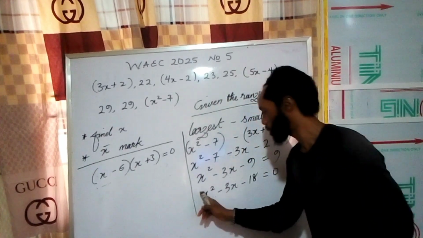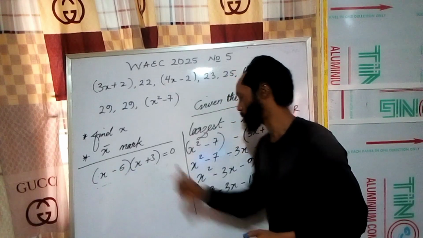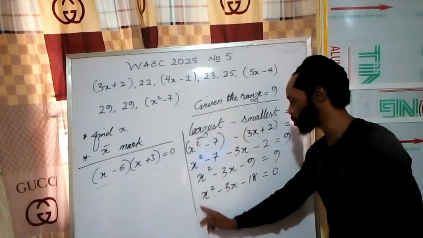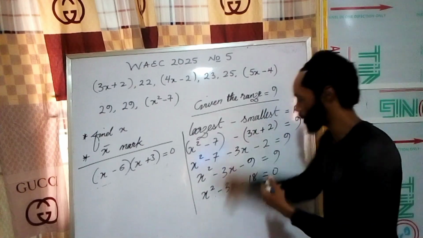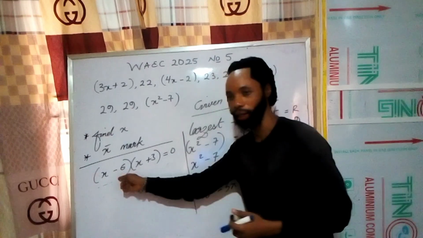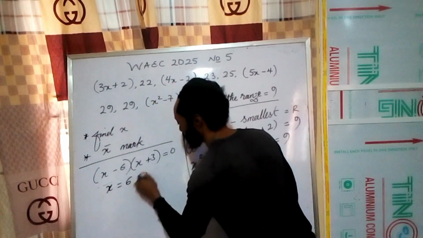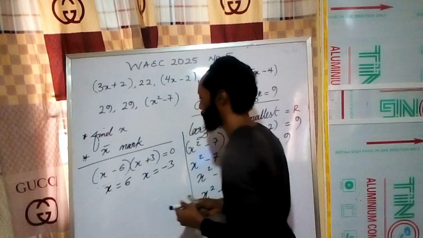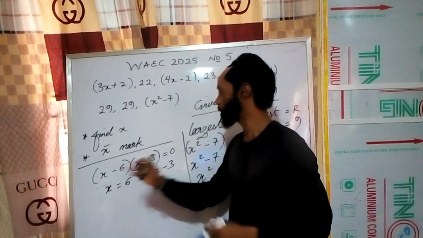If it were 2, we would multiply 2 by negative 18 and get other values, then still use that 2 to divide. But since it's 1, we're not dividing by anything. So x equals 6 and x equals negative 3.